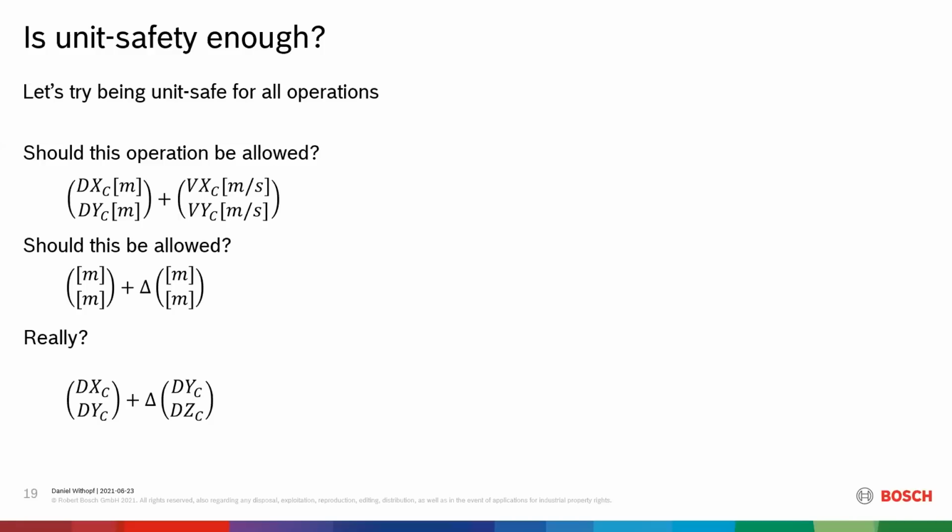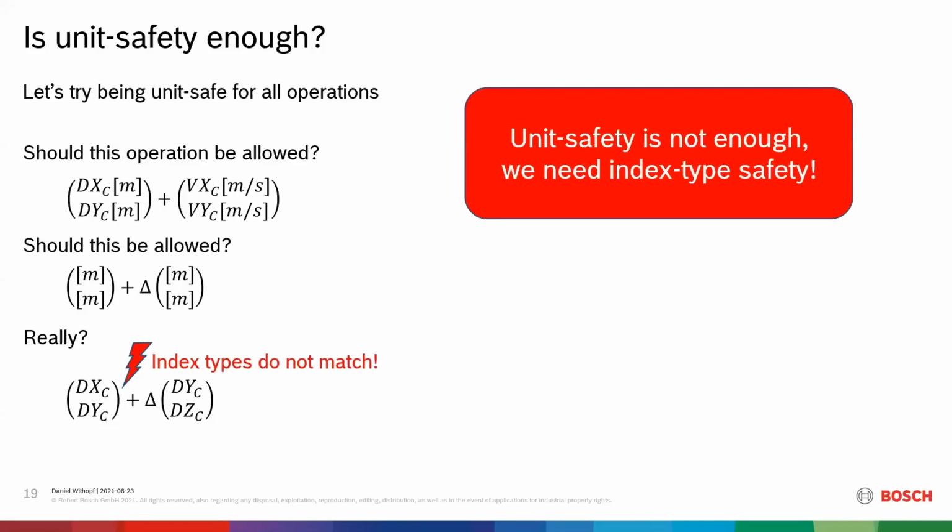In that case, these vectors describe semantically different things, which means they should not be addable. The library should prevent that because the index types do not match up. And this is sort of the main lesson that we should take home from this slide. Unit safety is not enough. We actually need index type safety, which is a much stronger condition than just physical unit type safety.